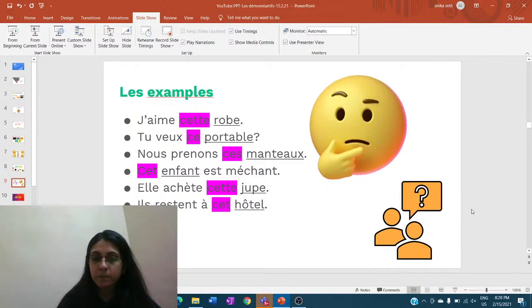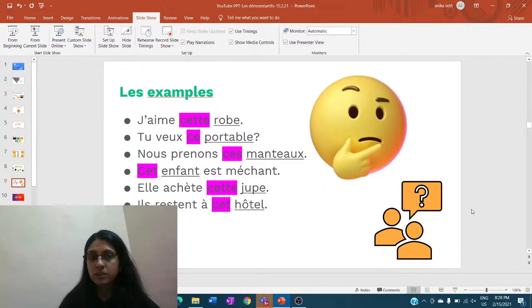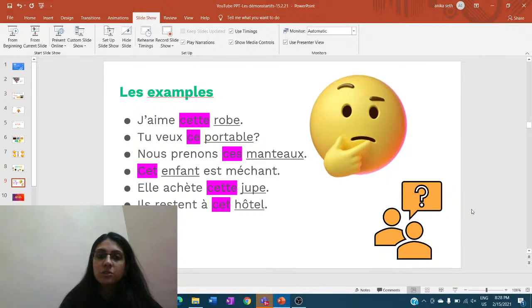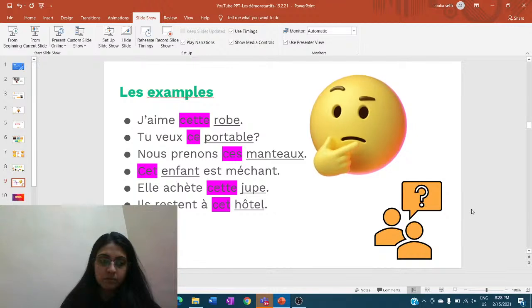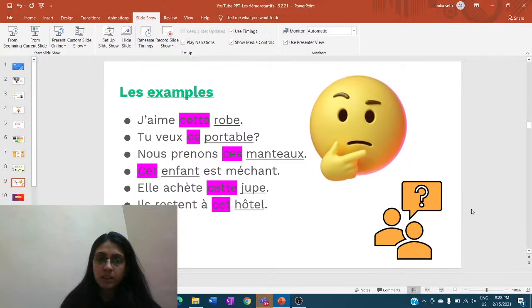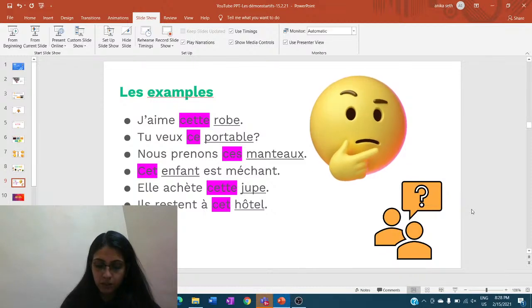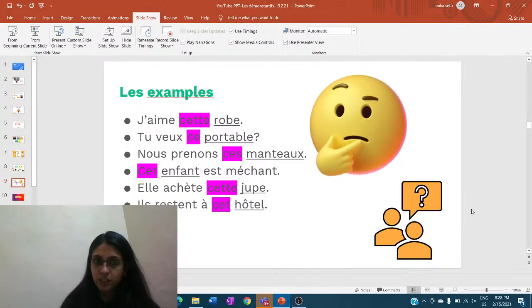Now look at these examples over here and see why we have placed these demonstrative adjectives with these nouns. So first is j'aime cette robe. Now robe is a feminine singular noun. So we will use the demonstrative adjective cette.